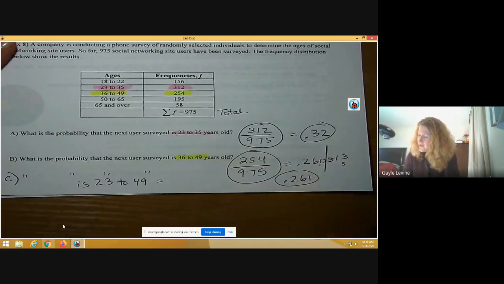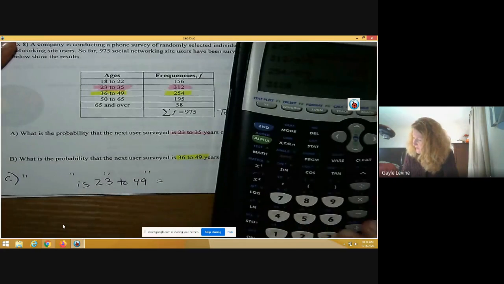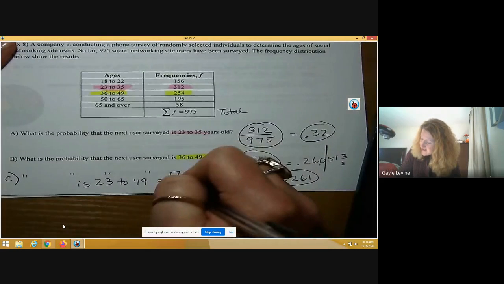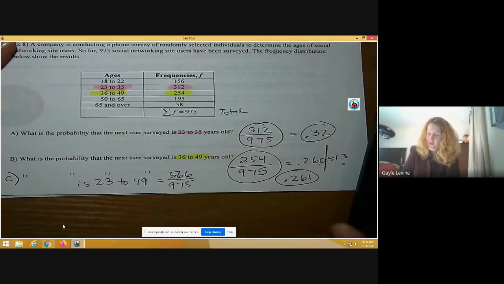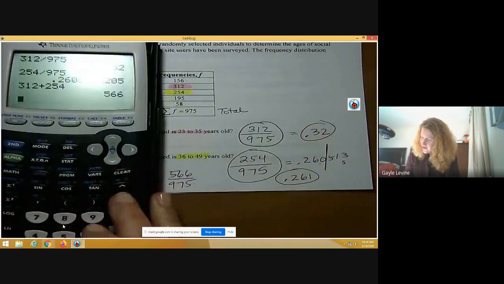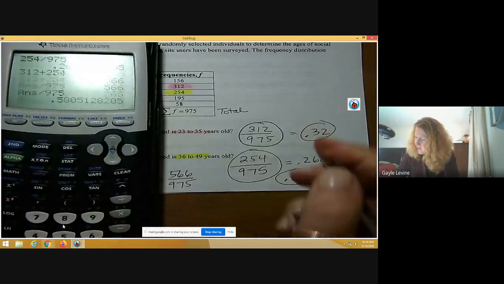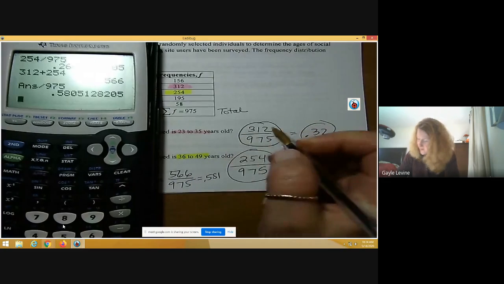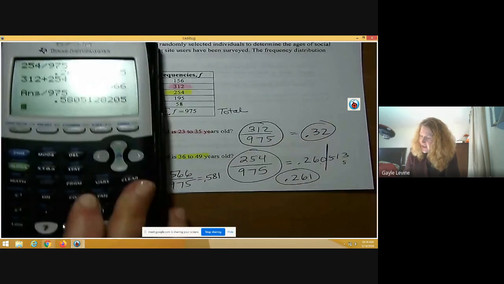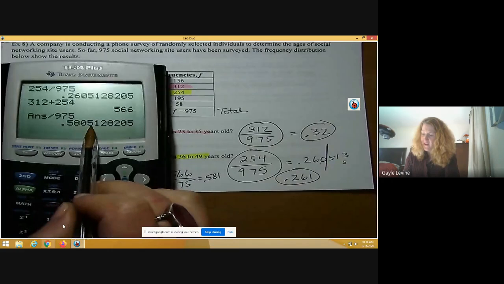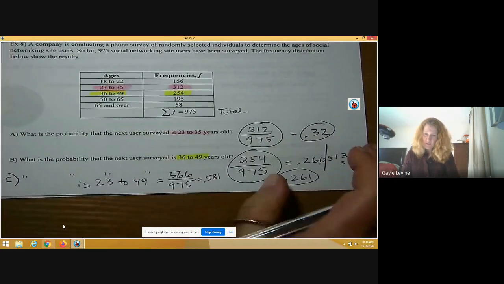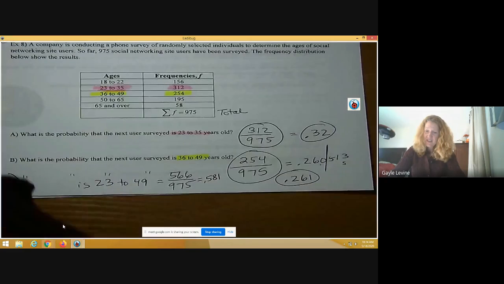And then all you would do is the 312 plus 254, and I would get 566 out of the 975. Okay, so I did kind of do an extra piece for that one, and then we have to be careful with our rounding for this one. So I get 0.5805, so that 5 is going to bump that to a 1. Okay, so that was just a different one that we could see as an example.